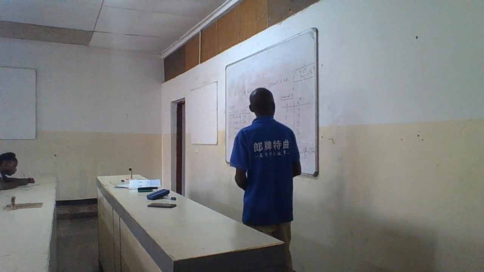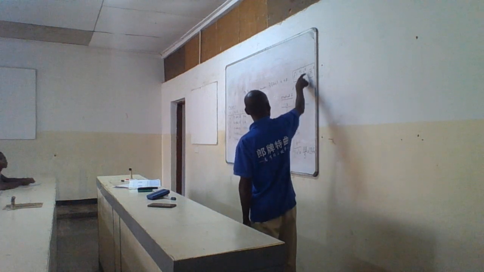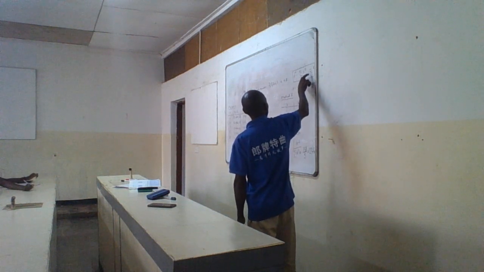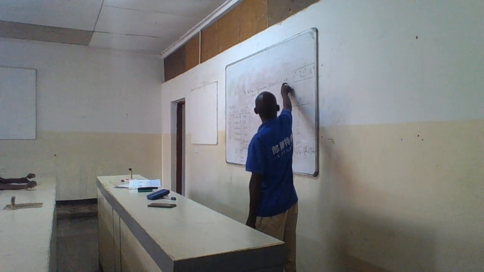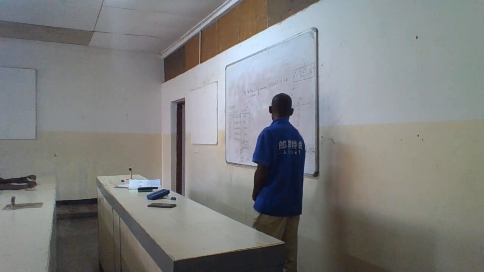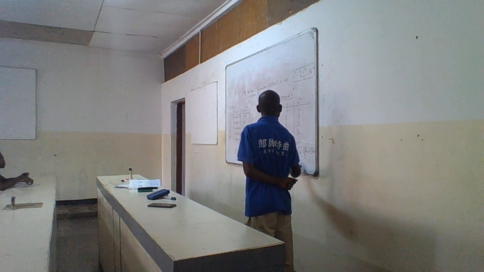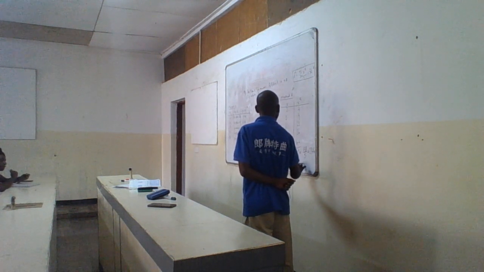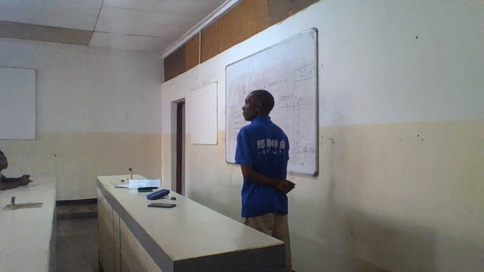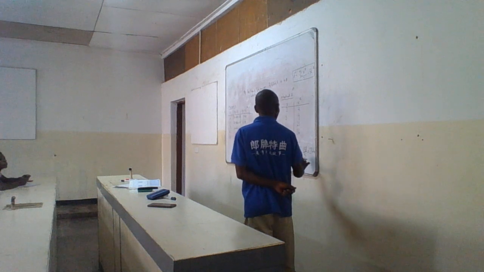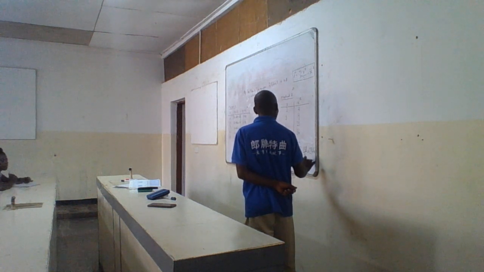Good. Now that 27.6 is what you have found here. You are subtracting the mean squared. Let's find the mean squared, which is the same as 4.8 squared, 23.04.